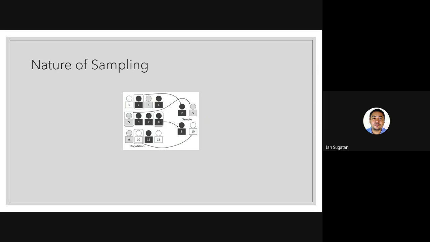Some sampling methods aim at obtaining a sample that is representative of the target population, and generally, the study results can then be generalized to the rest of the target population. However, if the sample is biased, generalizing from the sample to the population may be less valid or may lead to incorrect inferences. That is why, guys, sampling is very important.